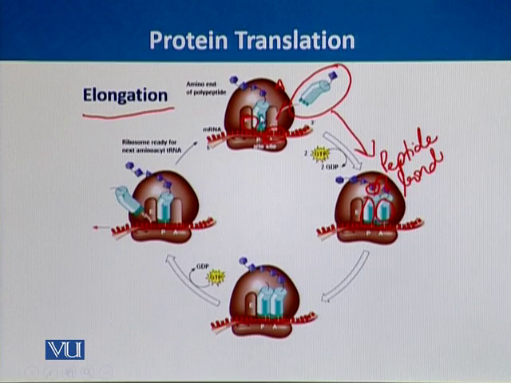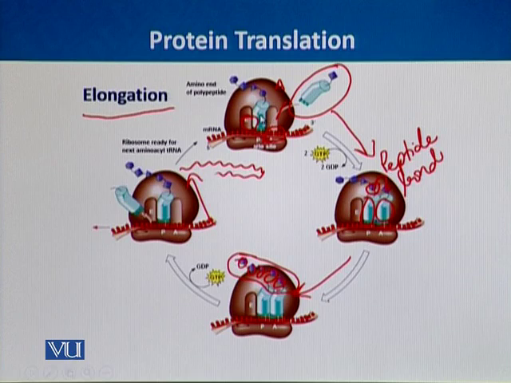So this process will continue until the chain is elongated. Then the third, fourth, fifth transfer RNA will come and the chain of amino acids will be elongated. And it will be elongated until the whole protein molecule is synthesized.